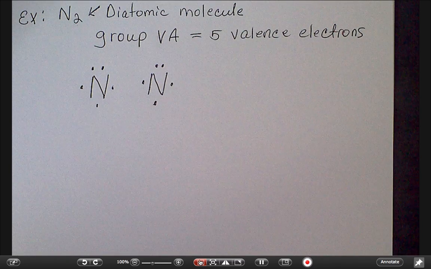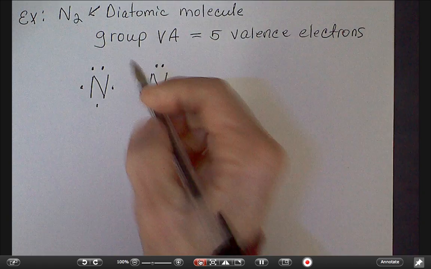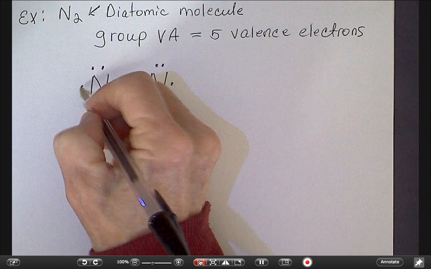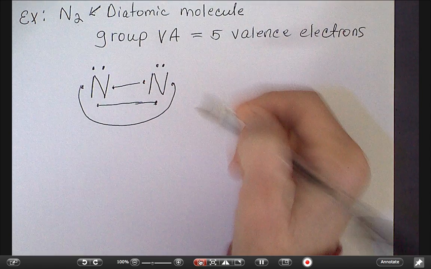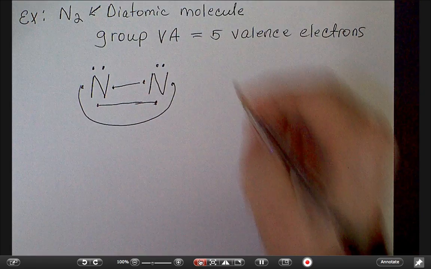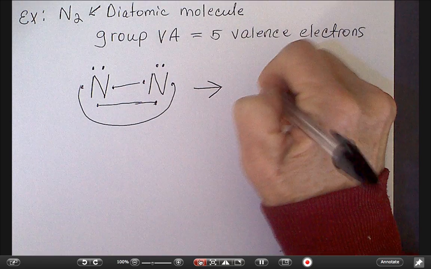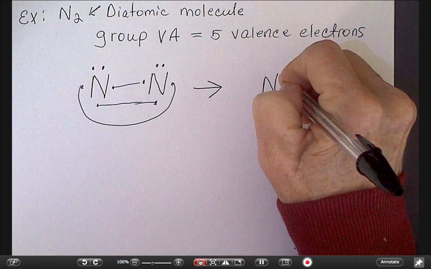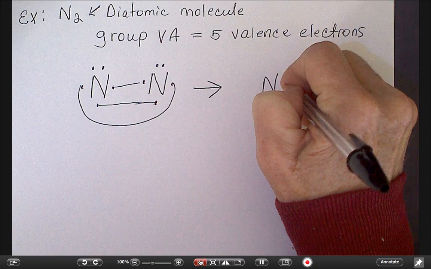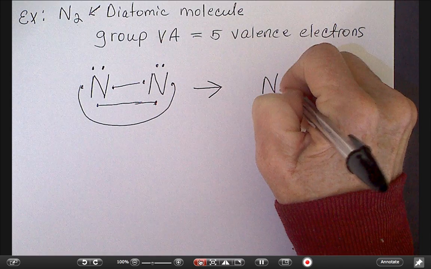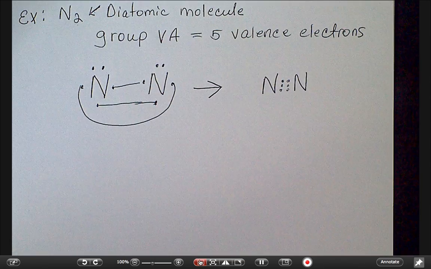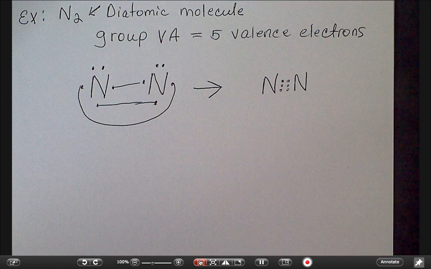See the 3 singles on each end? Basically, we're going to show these singles all hooked together in the center between the 2 ends. So how many bonds in the middle? 6 or 3? 3. 3 shared pairs in the middle between the 2 ends. Now can you see where the triple comes from?